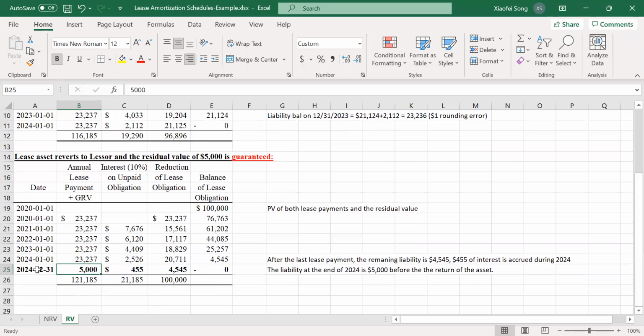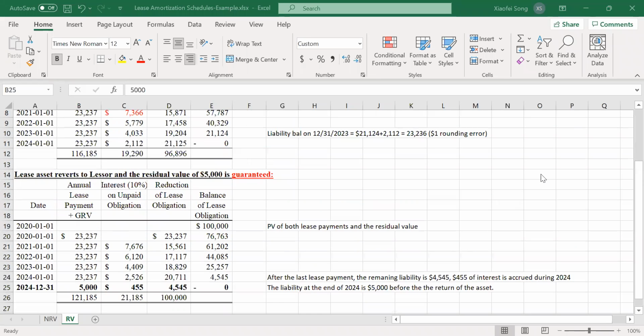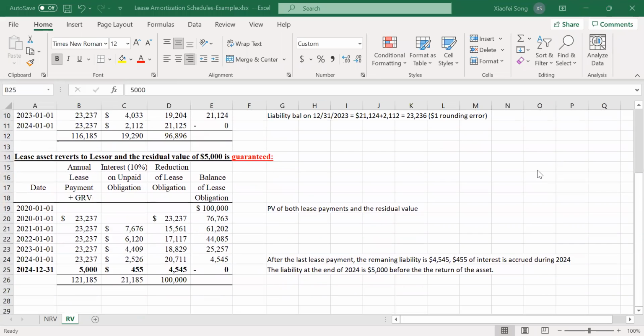This one has one more row to show what happens at the end of the last year. Okay, so that's about that. I think that's good.